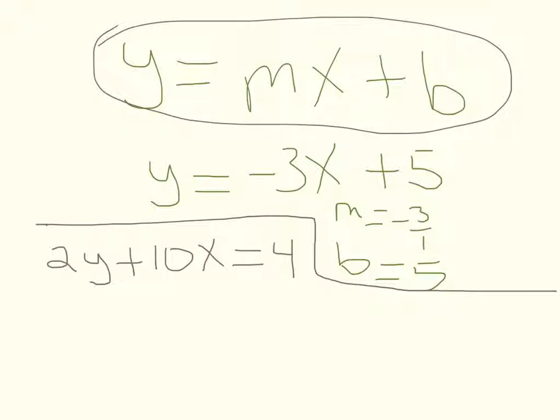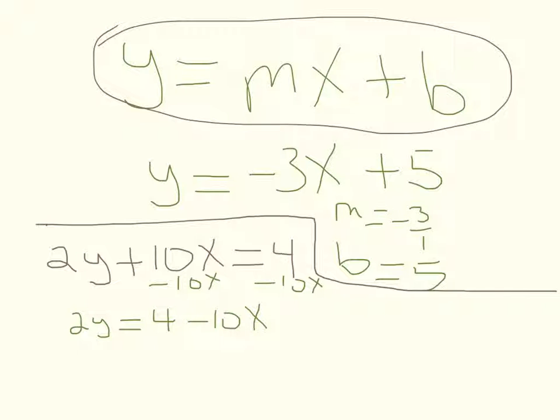So my first step is I need to get this equation into y equals format. So I will subtract 10x from both sides, and that will give me 2y equals 4 minus 10x. If I like, I can switch the 4 and the 10x and switch their spots. Just make sure that you keep the negative sign in front of the 10x.